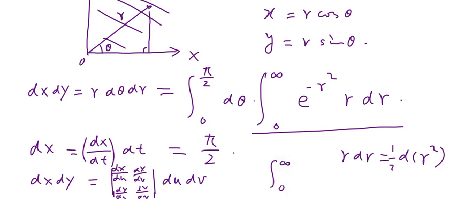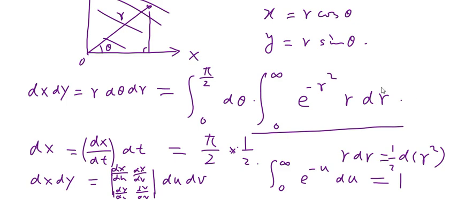If we regard r squared as a new variable, like u, then it's negative e to the negative u du, so this equals 1. Finally, I think the coefficient is half. So we just multiply, and this integration is half. It just multiplies by some coefficient.